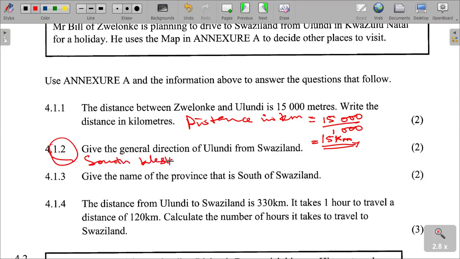Give the name of the province that is south of Swaziland. It is KZN, KwaZulu-Natal.